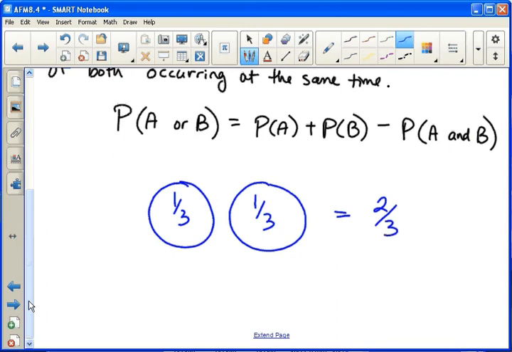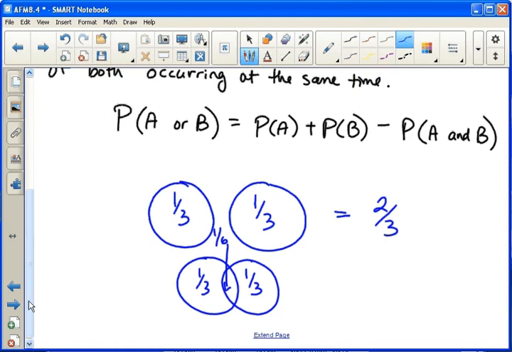But if two events can happen at the same time, and let's say this whole circle is 1/3, and the whole circle here is 1/3, but this little piece is 1/6 where they overlap, then when we add 1/3 plus 1/3 we end up adding this piece twice because it's inside both circles.